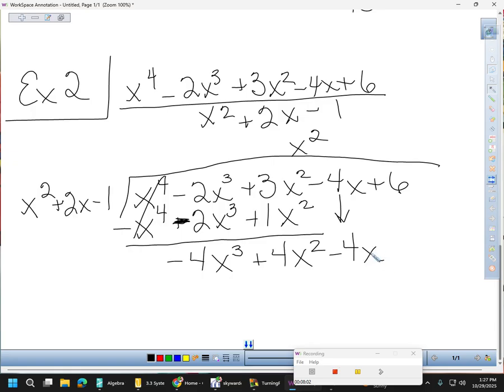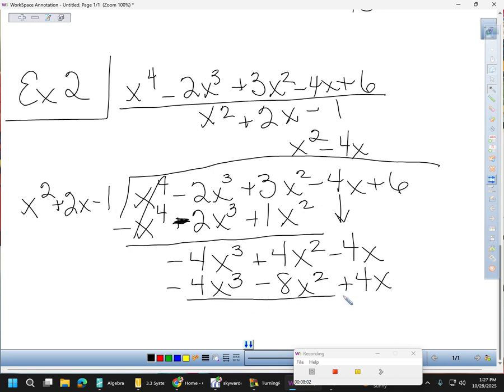Again, same question. What times x squared is going to give me negative 4x to the 3rd? Negative 4x. Negative 4x times x squared is negative 4x to the 3rd. Negative 4x times 2x is negative 8x squared. And negative 4x times negative 1 is positive 4x.